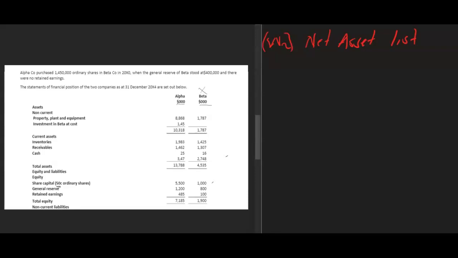Net assets, we're supposed to put the value both at acquisition and at reporting. Remember, this is US dollar.